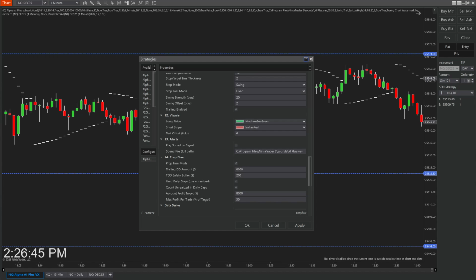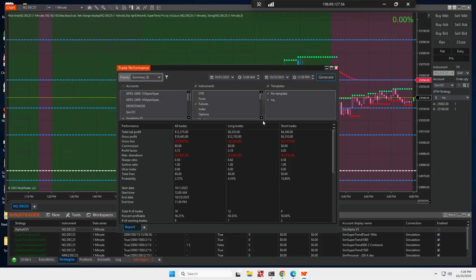Actually, it made 12 grand, by the way, not 10, because the last day was winning. This is the money it made from October 1st until October 25th. This is not a playback test, whatever. This is a live trade. $12,000 with 2 grand drawdown. And if you can see also, and make sure it's the same one here, yeah.